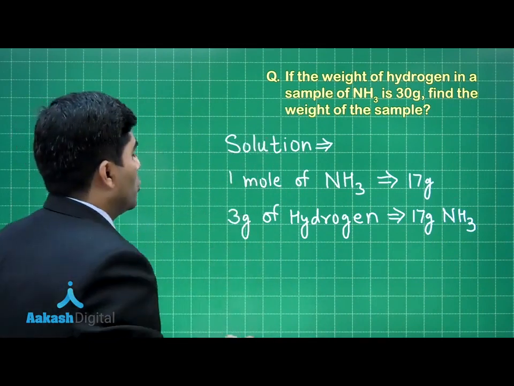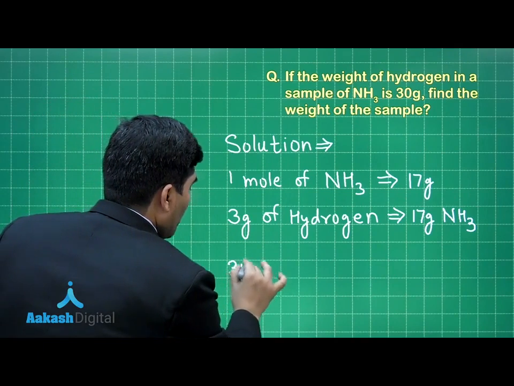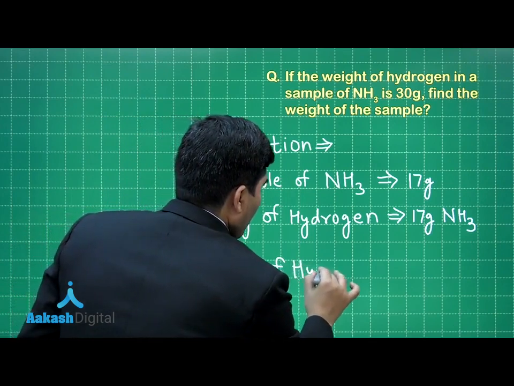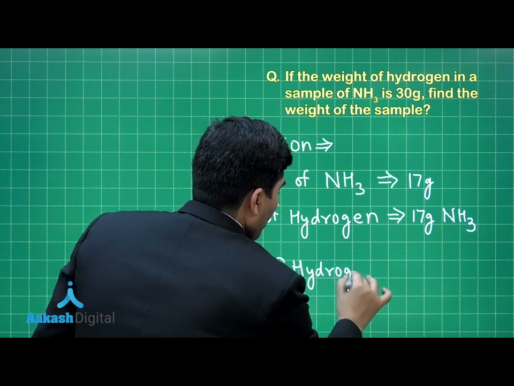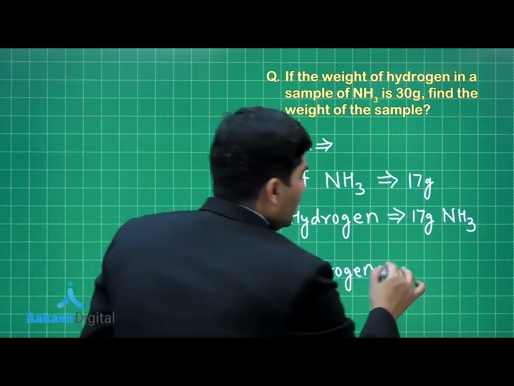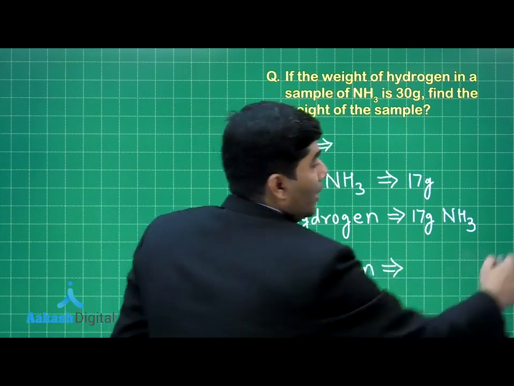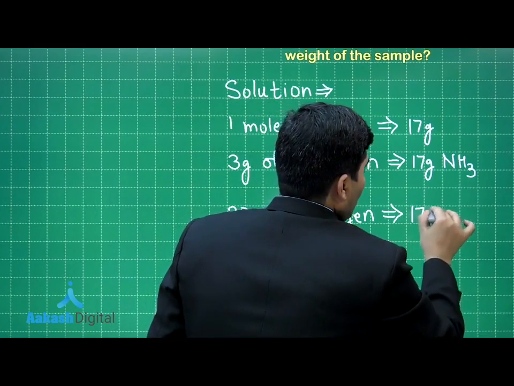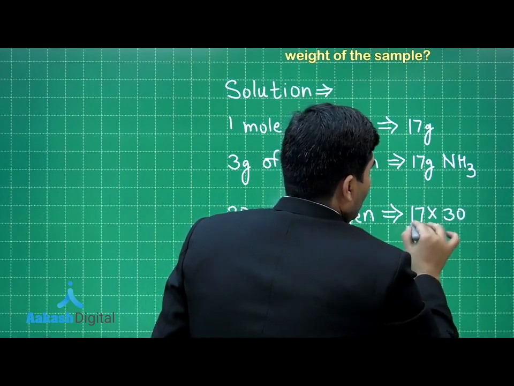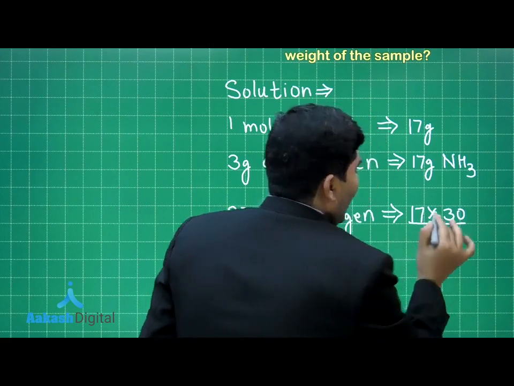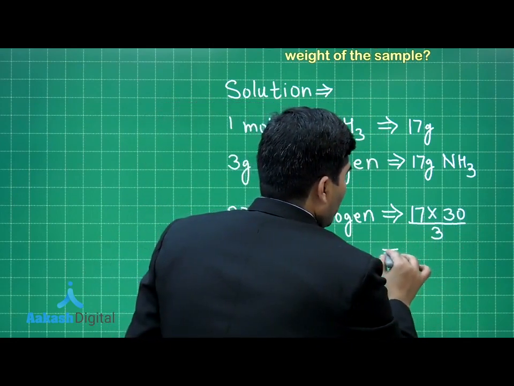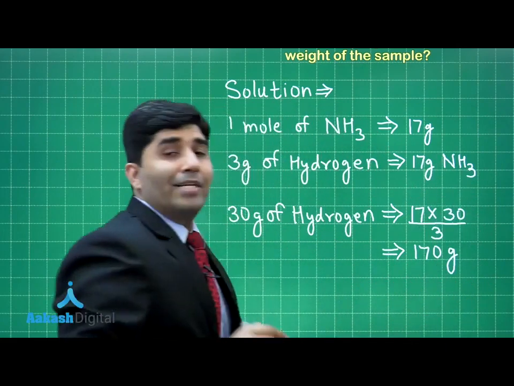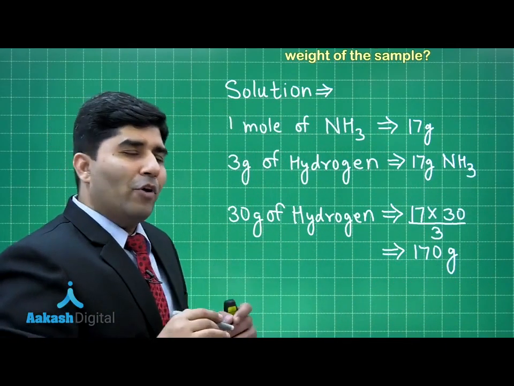But we have 30 gram. So if we have 30 gram of hydrogen, the weight of the ammonia will be equal to 17 multiplied by 30 divided by 3, and that is equal to 170 gram, right? Let's solve some more questions.